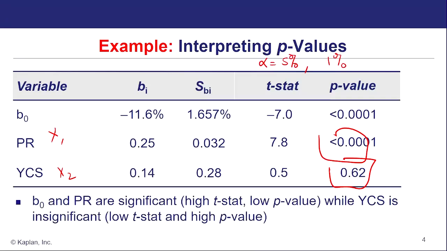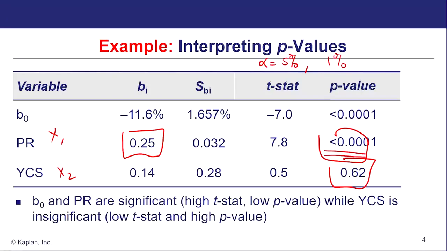In this case, we found that the slope coefficient for x1, the PR variable, is 0.25. Now we are 1/100% sure that the true value is not 0. That's what the p-value means.